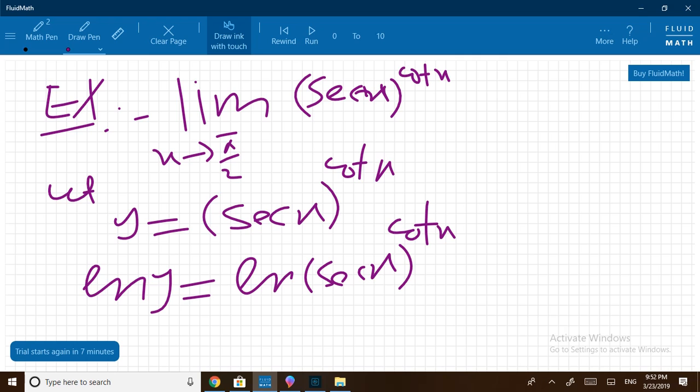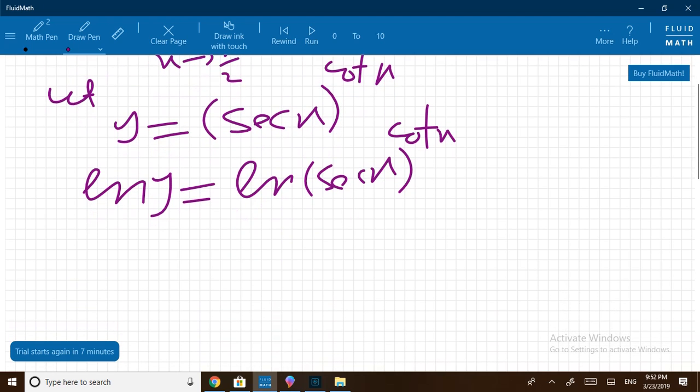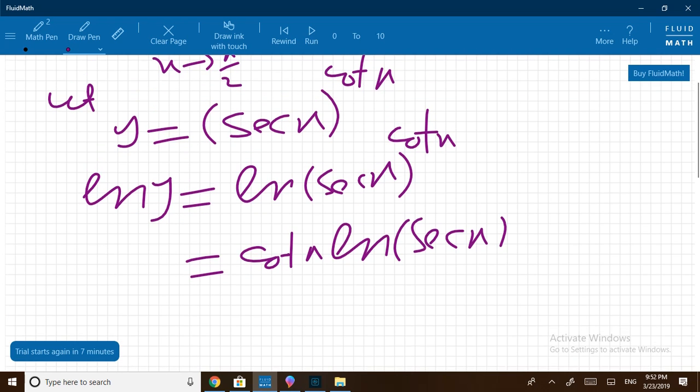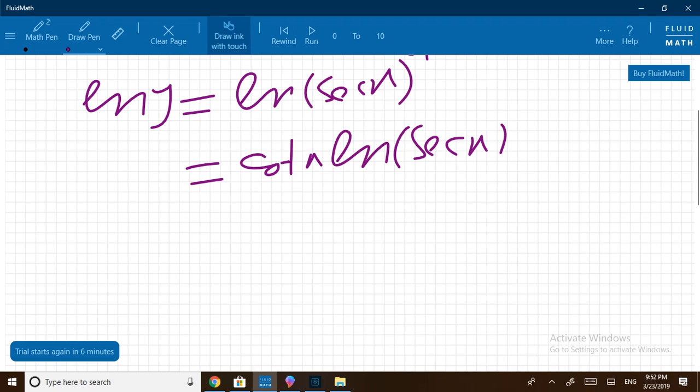Okay, by the property of log, we can write cot before the natural log. It is equal to cot x times natural log of secant x. So this is natural log of y.